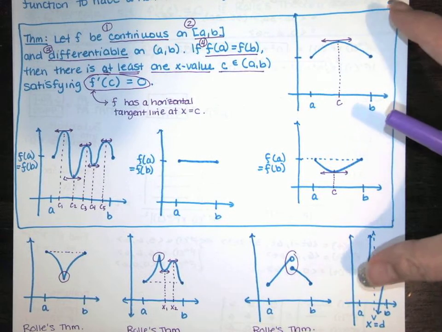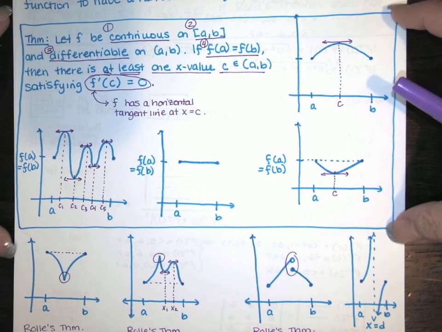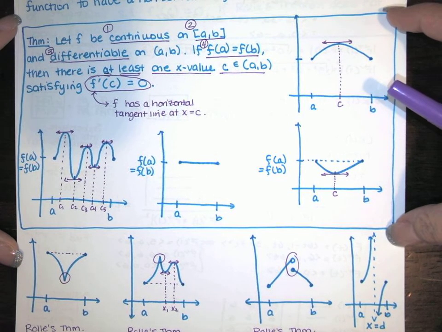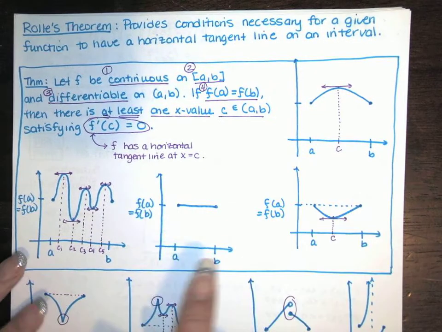So these pictures won't be given to us, but we can do some calculations and we can draw these pictures ourselves. So let's work some example problems that relate to Rolle's theorem, and keep this picture in mind.